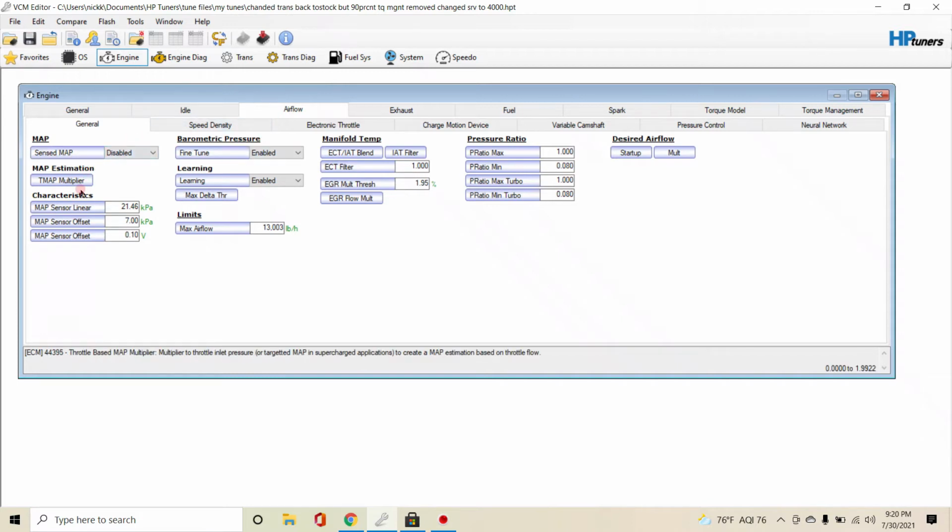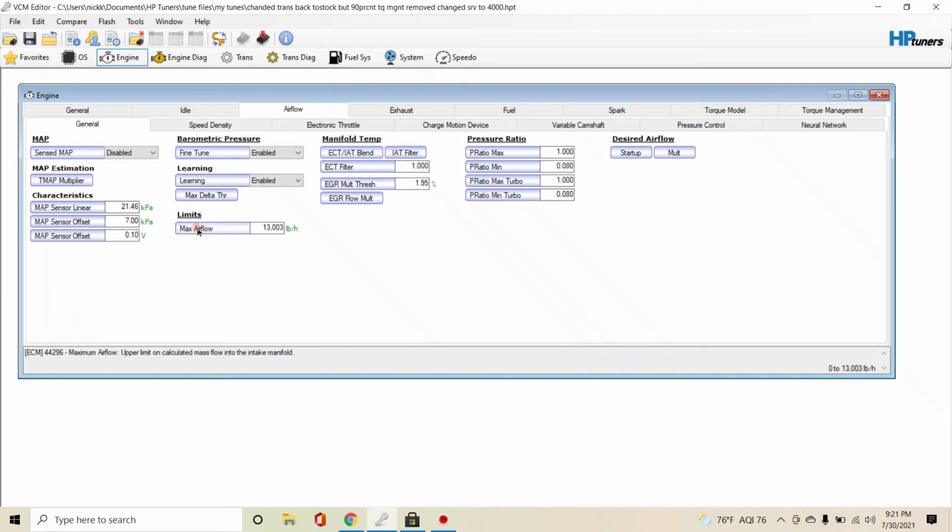But here are the characteristics. You don't need to mess with this at all. The only thing you'd have to mess with for the MAP is either enabling it or disabling it. Your barometric pressure is used for the neural network, and I'll get into that later on under the airflow tab. Learning is a part of the neural network too.